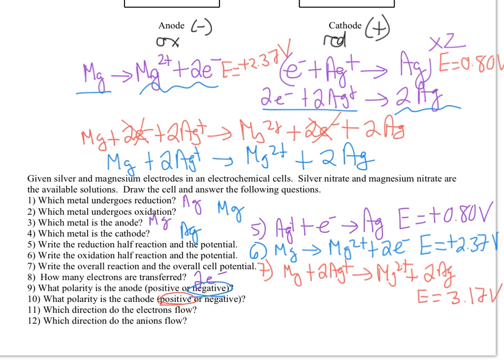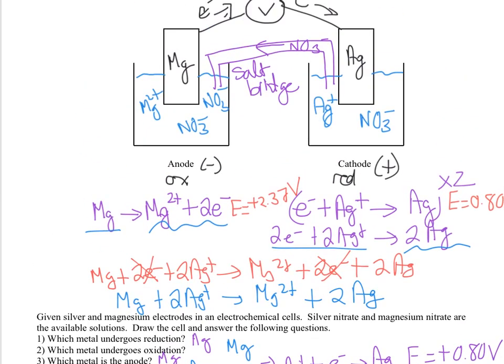The direction that the electrons flow is always from anode to cathode, or you can say in this case from magnesium to silver. And then the last question is asking what is the direction of the anions. Those are the nitrates that we have here, so they are going from cathode to anode, or you can say from the silver to the magnesium half cells.